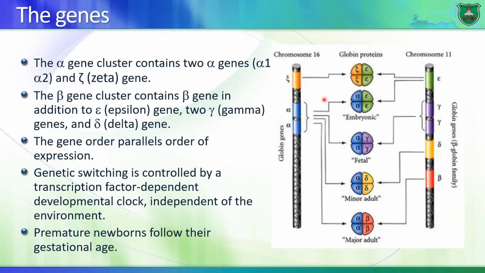So you have this genetic switching that takes place, okay, from zeta to alpha, and it's all timed, and from epsilon to gamma again to delta and beta. And this is determined really by genetic factors and transcription factors, and it's all timed. It's all controlled.